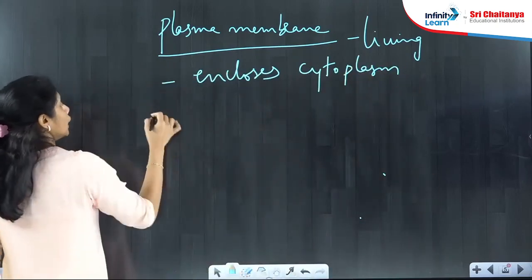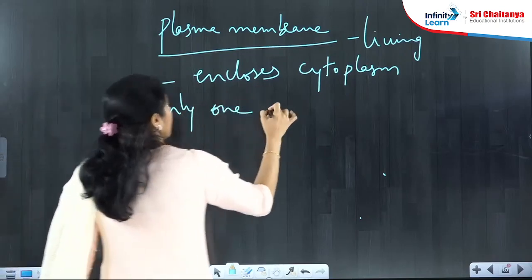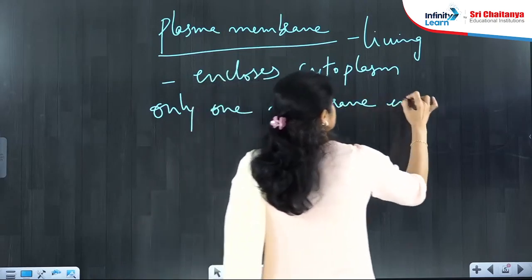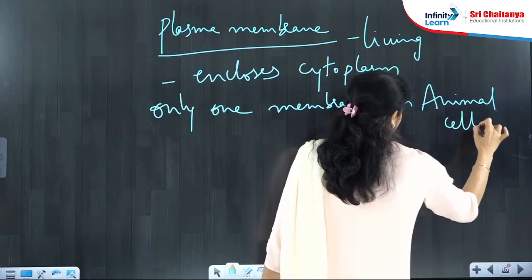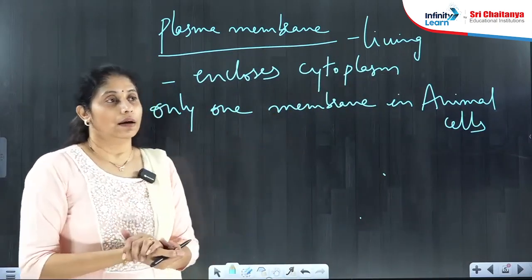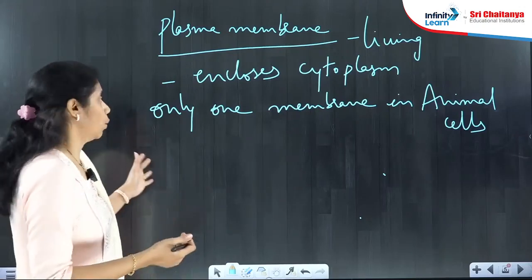And it is the only membrane in animal cells, because animal cells don't have a cell wall. So, it is the only membrane in the cells, particularly animal cells, because they don't contain any cell wall.